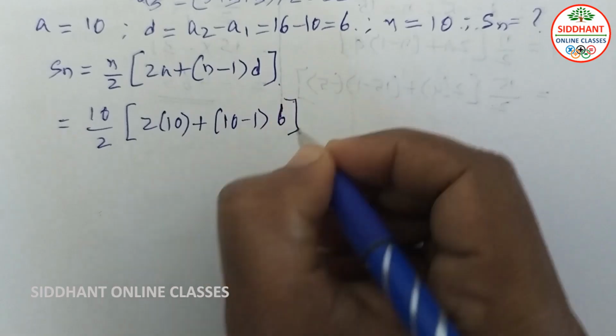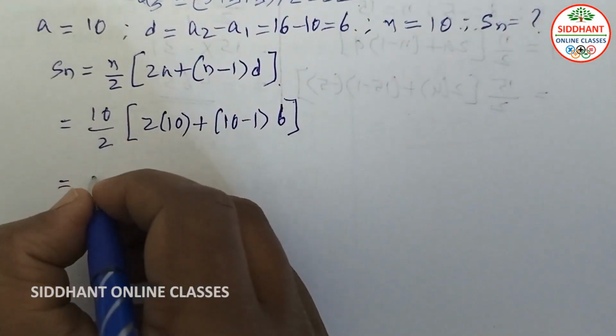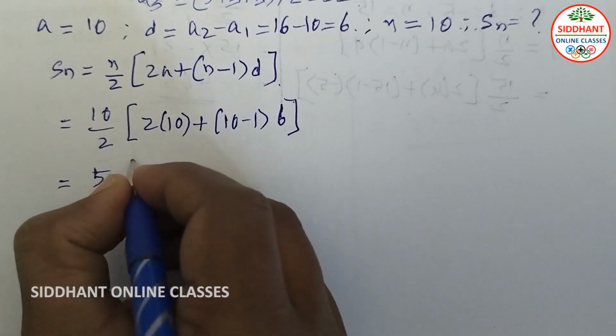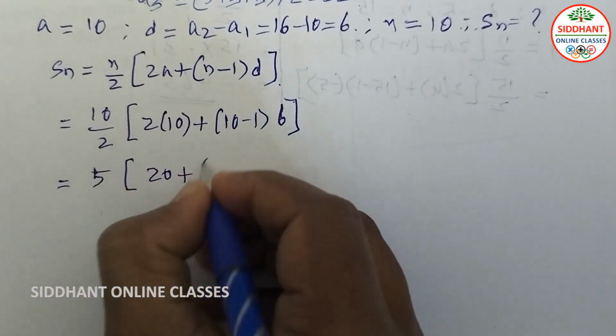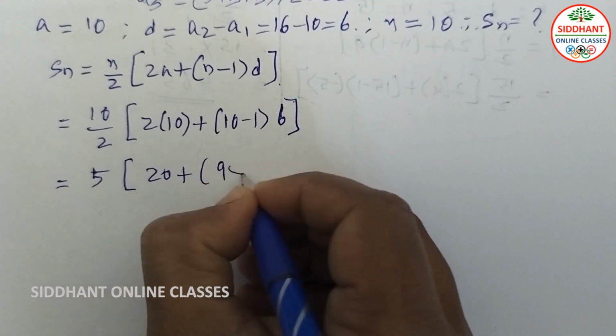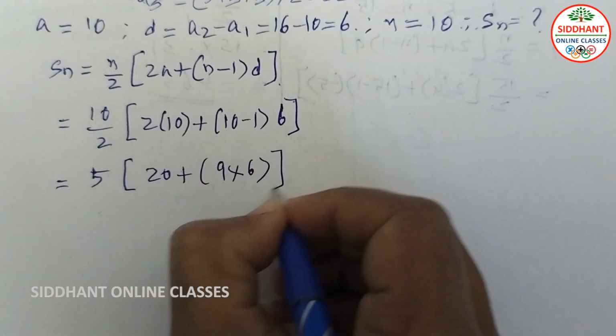That means 10 by 2, which is 5, into (20 plus 9 into 6).